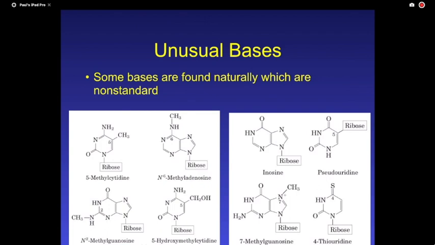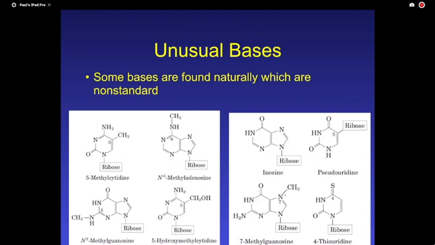Now, here's the deal about DNA and RNA. DNA is pretty good about using just those 4 bases. RNA, not so much. RNA has a lot of unusual bases. All right. Now, these bases are not random.